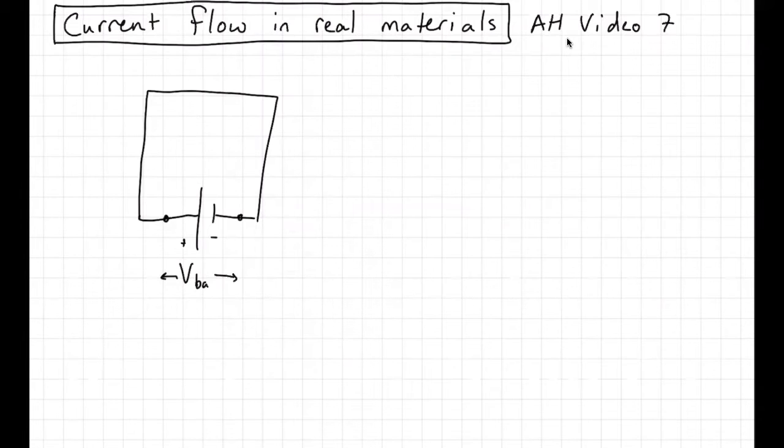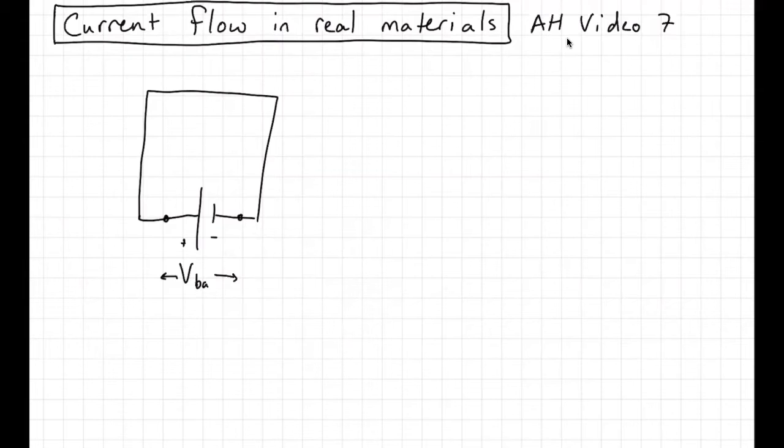So if you think about all of the conceptual work we did earlier this year on electric fields and potential, what we got out of all of that is that if you have a potential difference between 2 points, that implies that there's an electric field acting between those 2 points.